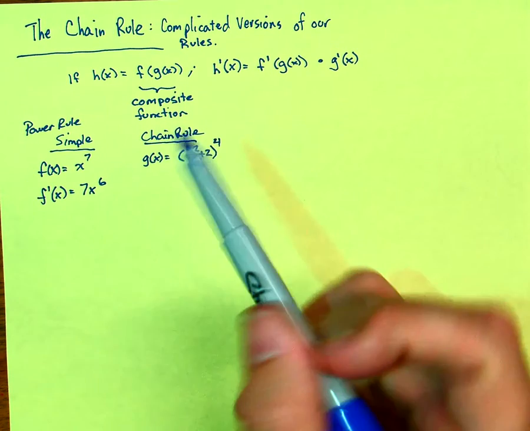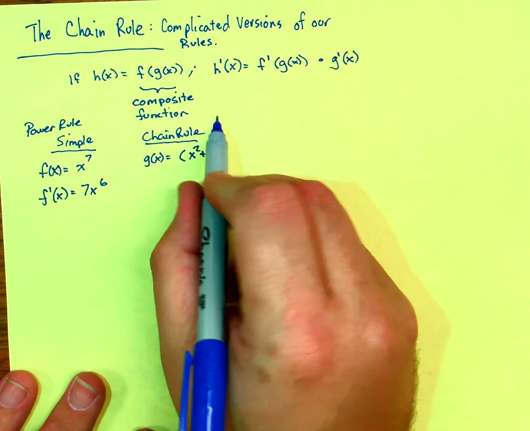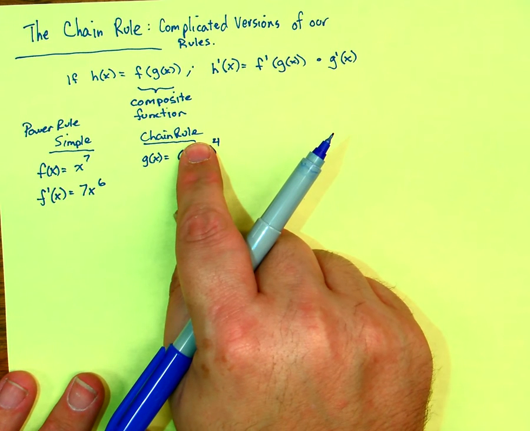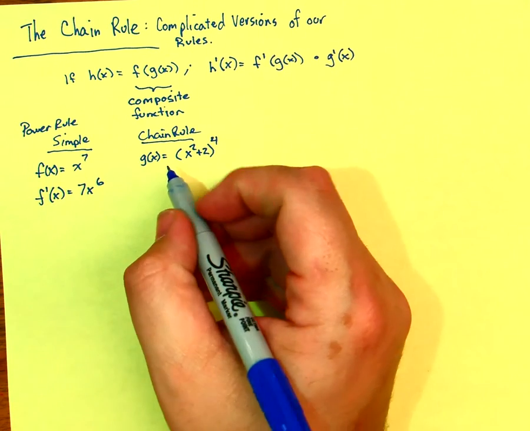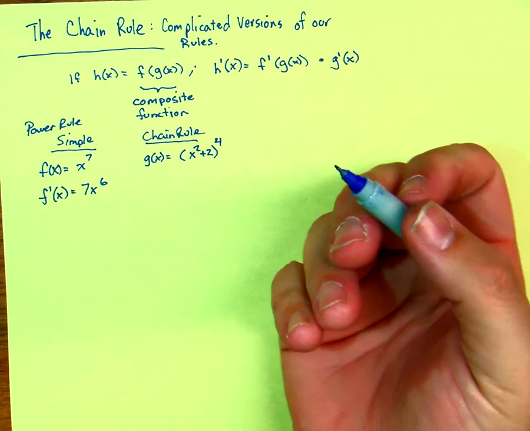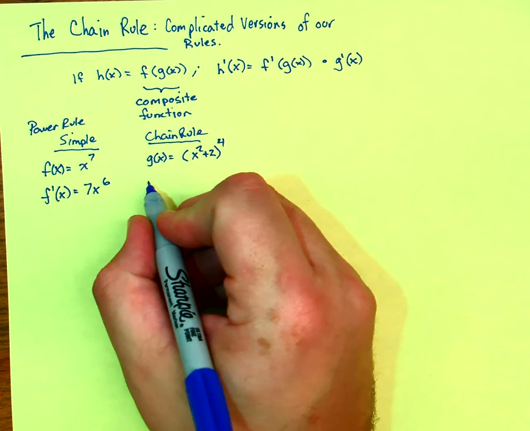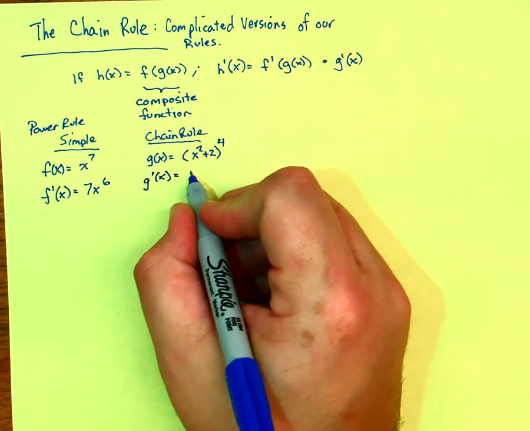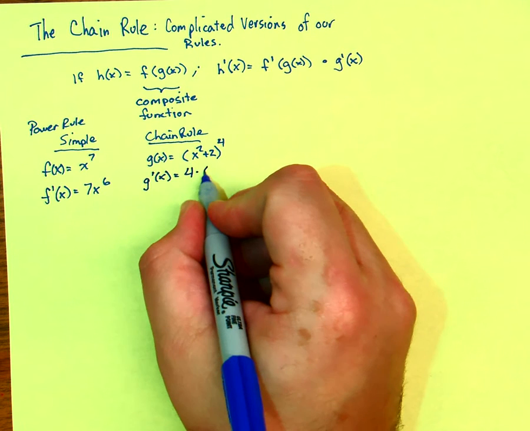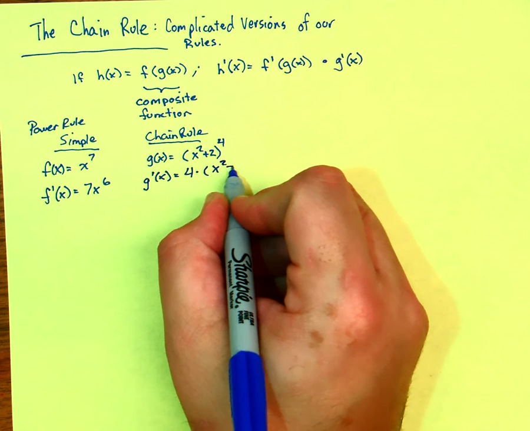And if it was just nice and simple, I could just take 4 times that stuff to the 4 minus 1 power. And that's basically what we're going to do. We're going to say g prime of x is equal to 4 times the x squared plus 2 to the 3rd power.